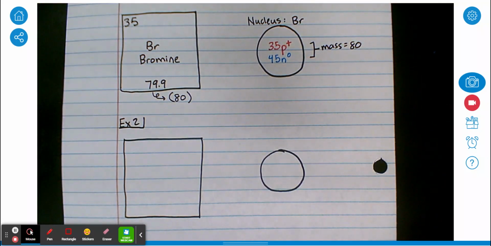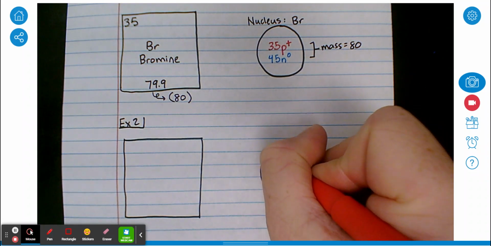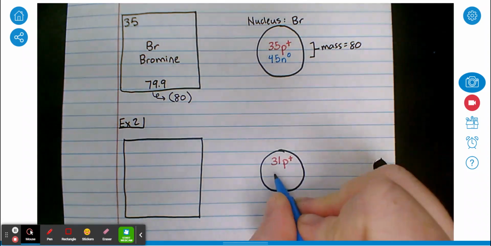So I'm just going to pick a number, 31 protons. And let me double check, make sure my math works out. Yes, 39 neutrons.